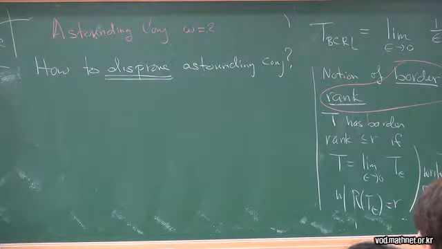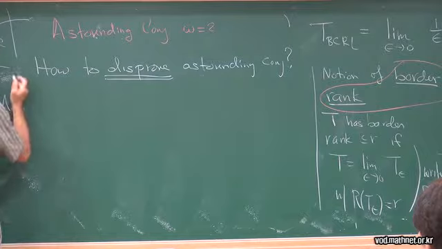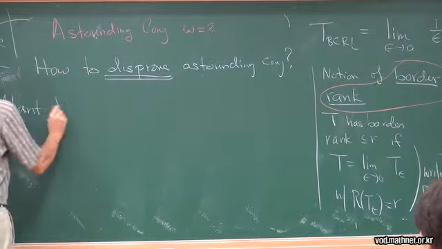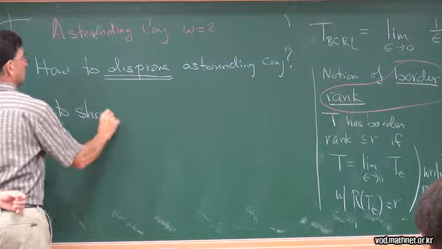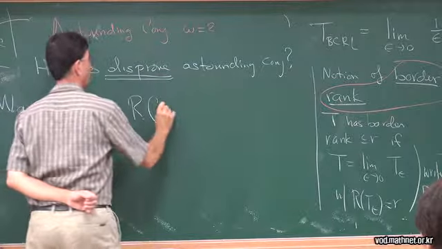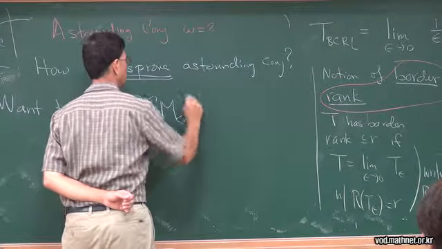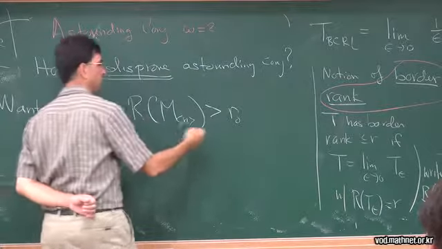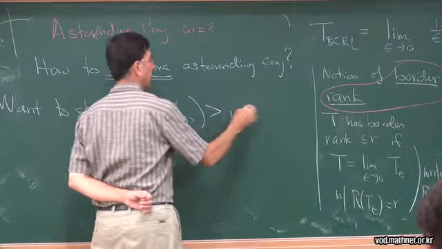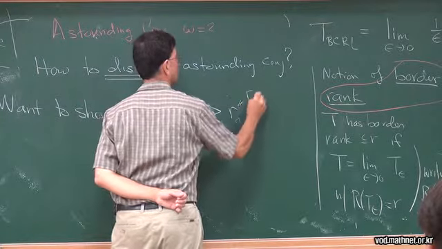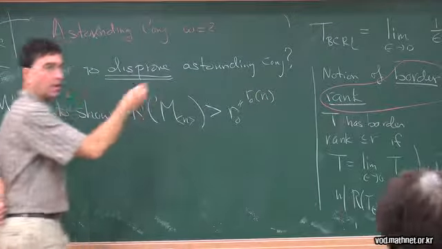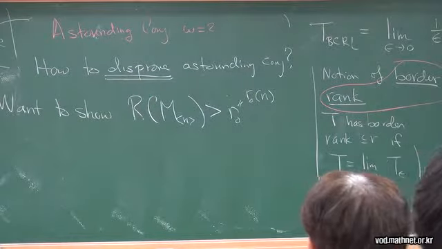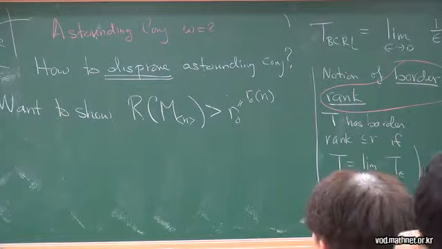Well, I want to show that the rank of this matrix multiplication operator is greater than some R0, where for each n this will depend on n, and where this function R0 of n grows faster than n squared.